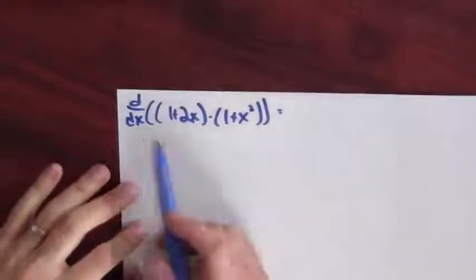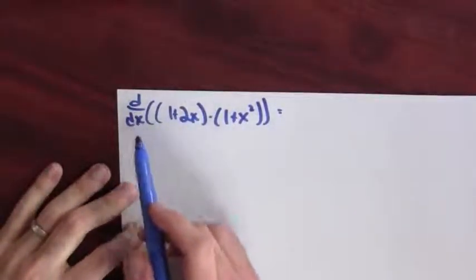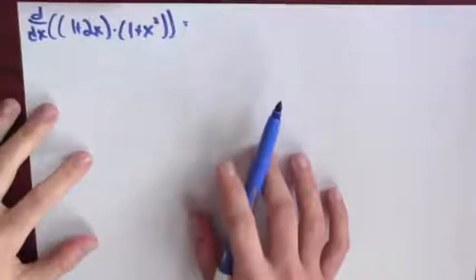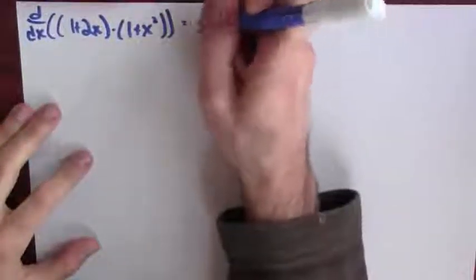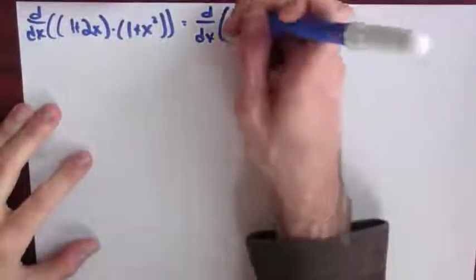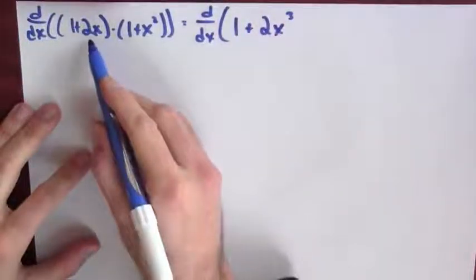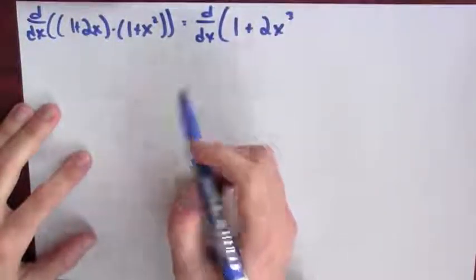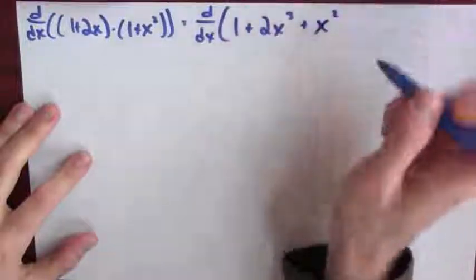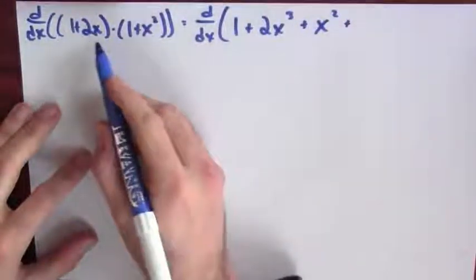So instead of using the product rule on this, I'm going to first multiply this out and then do the differentiation. Watch. So this is the derivative, but now I'm going to multiply all this out, right? So 1 plus 2x cubed, which is what I get when I multiply 2x by x squared, plus x squared, which is 1 times x squared, plus 2x times 1.